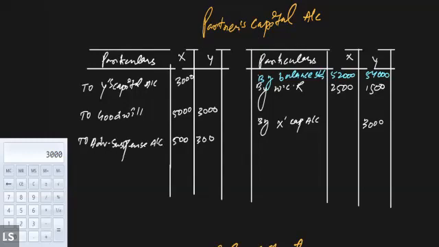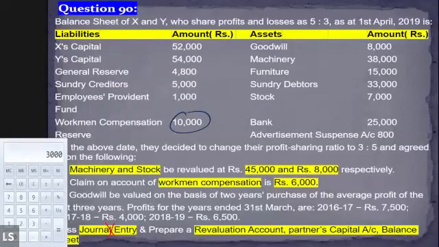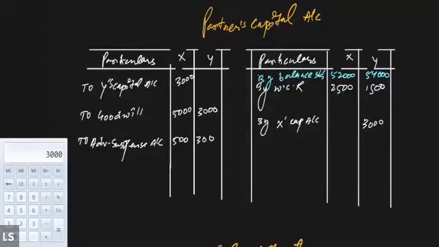Got it, everyone? We have a general reserve as well, and since nothing is mentioned regarding the general reserve, it needs to be distributed among the partners. General reserve is 4,800 given in the question. So we'll write down by general reserve 4,800 into 5 by 8.